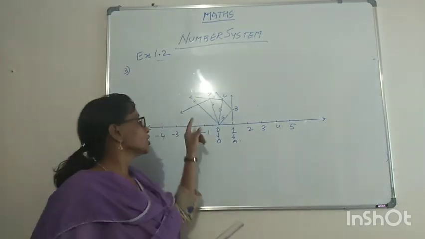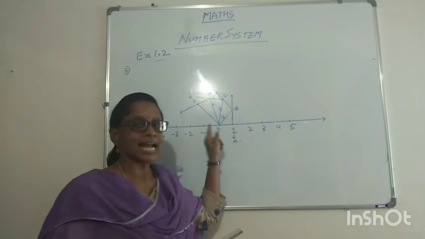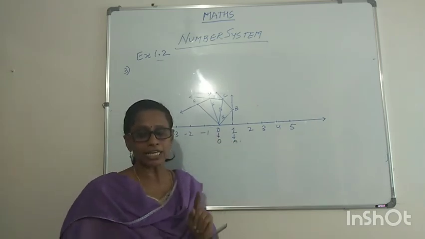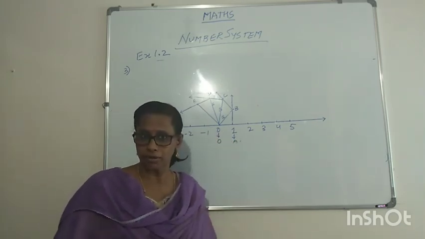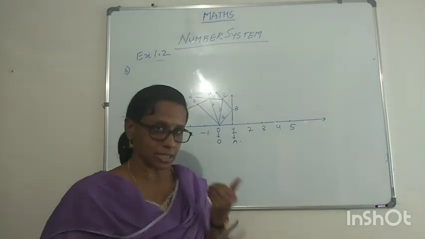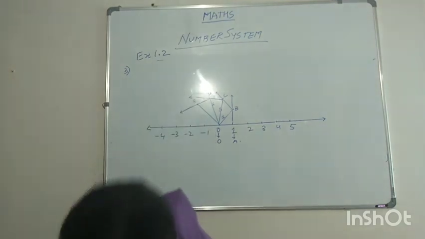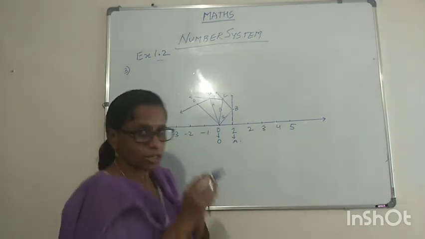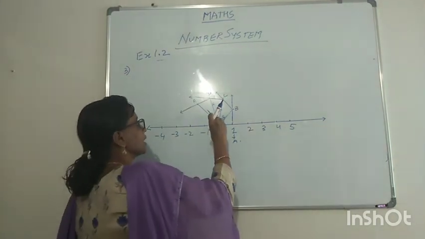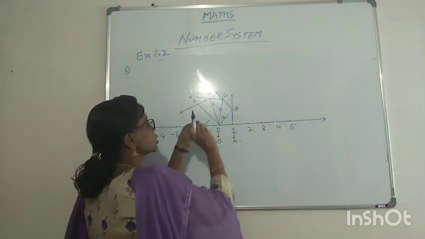Now, with O as a center and radius OE, you will take your compass or your divider, and with the help of the compass, measure OE.